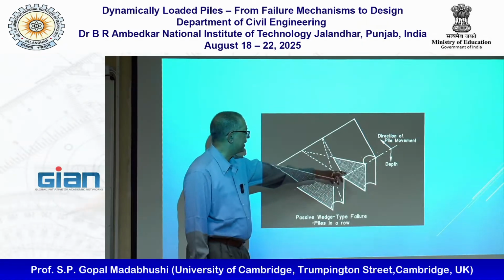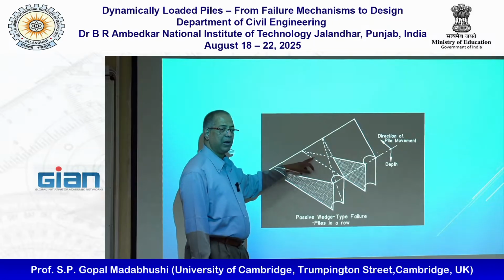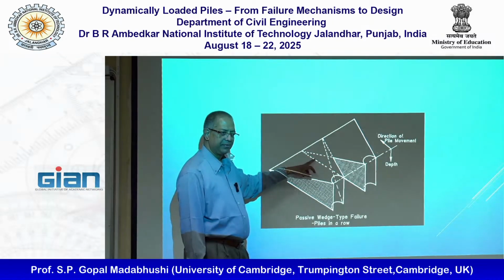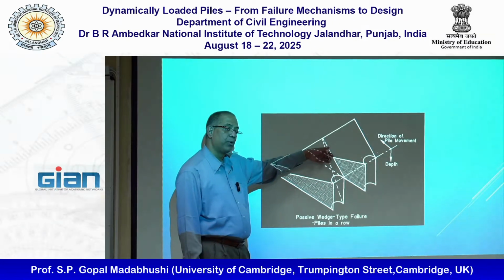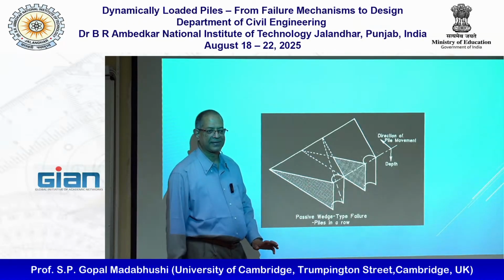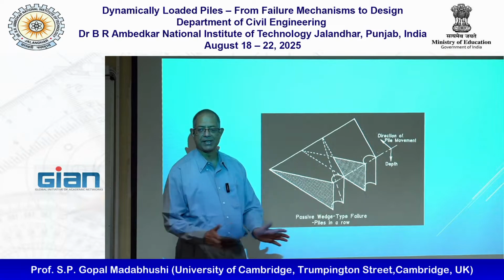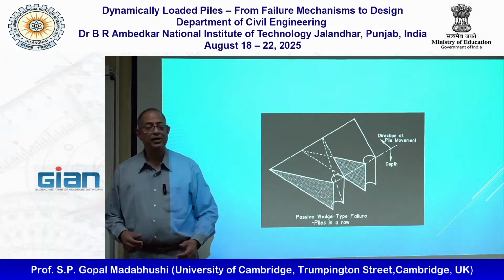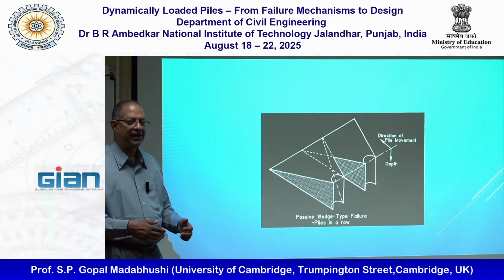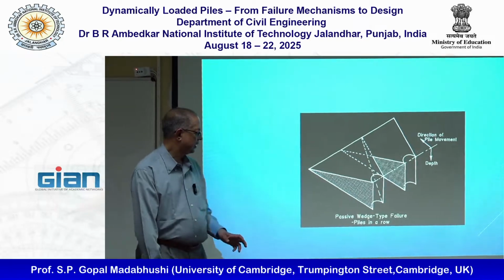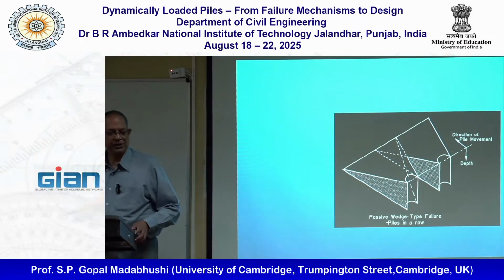If the spacing is close, these wedges will overlap, right? So the amount of load I'll attract will be less. If the spacing is large, then these wedges are pretty much on their own. So the load I attract on my piles will be big. So that is conventional wisdom.